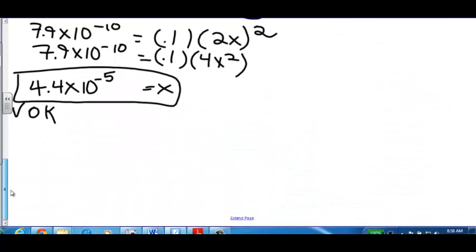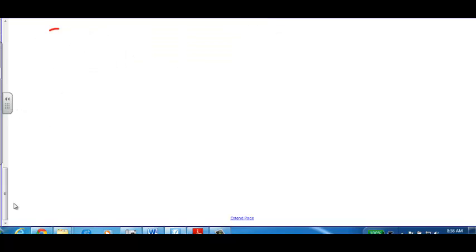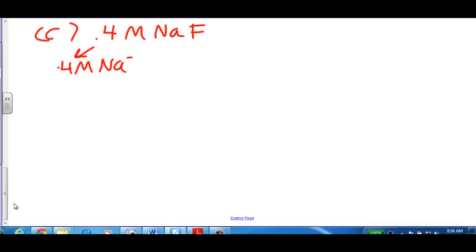All right, we got one more. We got to do C. In letter C, we're doing this in 0.4 molar sodium fluoride, and all group 1 compounds are soluble. So that's really 0.4 molar sodium and 0.4 molar fluoride.